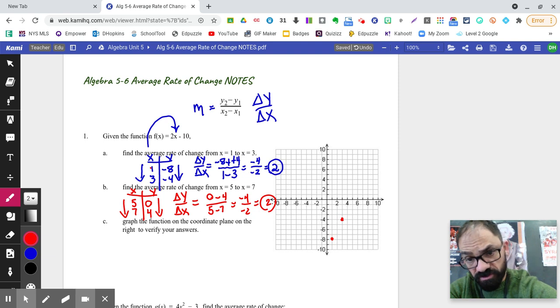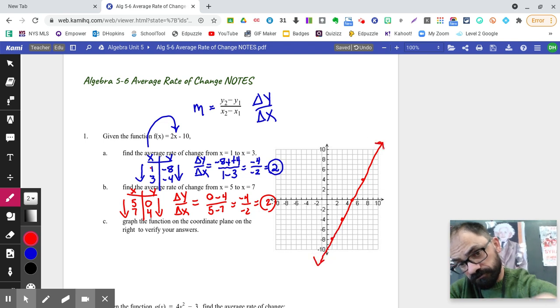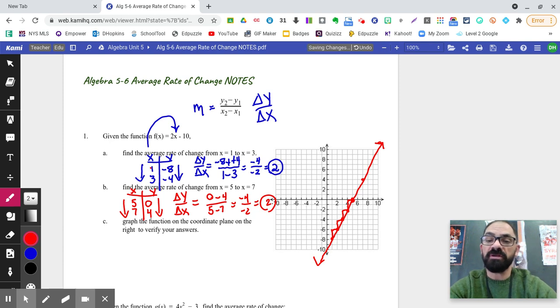We have 5, 0. And 7, 4. So as I graph this line, I know the slope is going up 2 over 1. Watch this. Up 2 over 1. Up 2 over 1. So the slope is 2 over 1 every time.